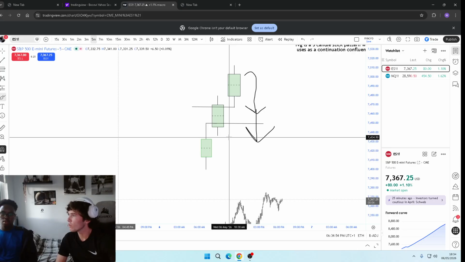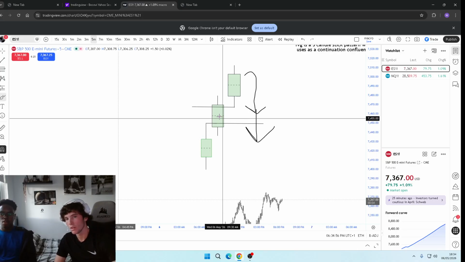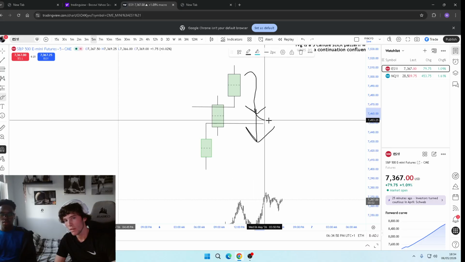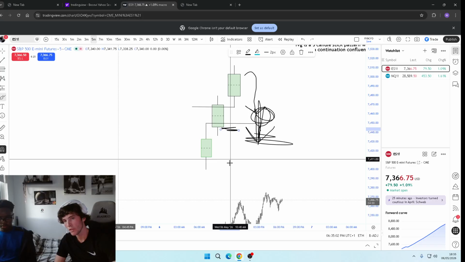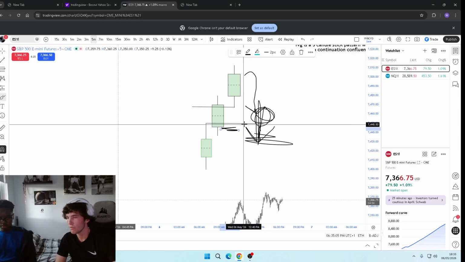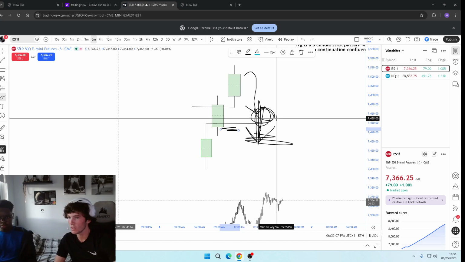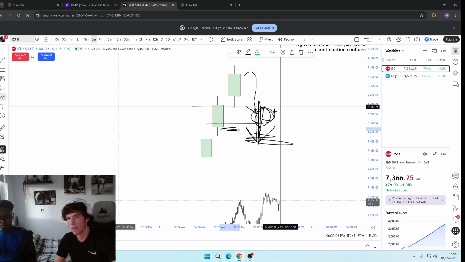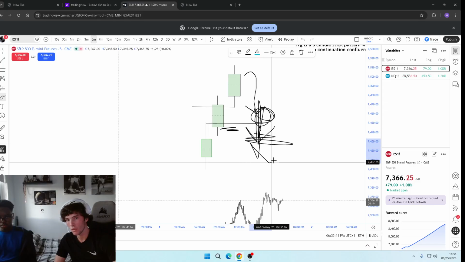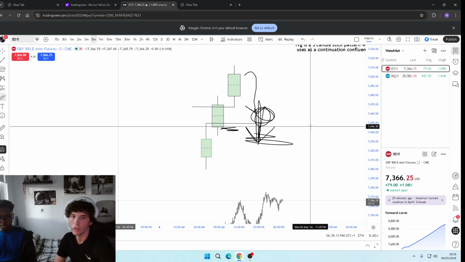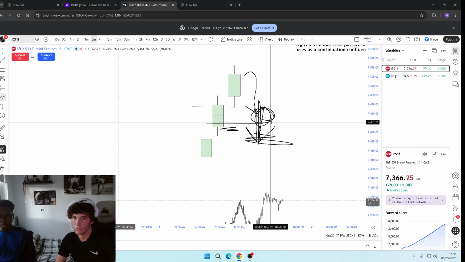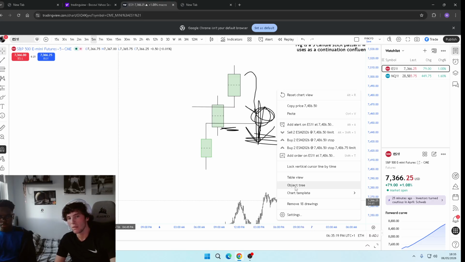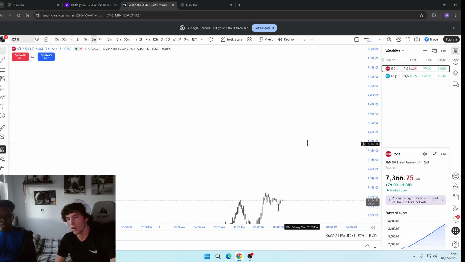It's like a break of structure. If this candle closes below this one, that's an inverse fair value gap. You would use that to see the trend changing. Then the market would probably start going right down like that. So that's a fair value gap and an inverse fair value gap.